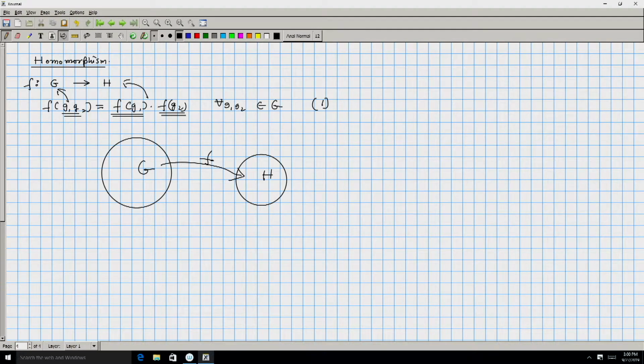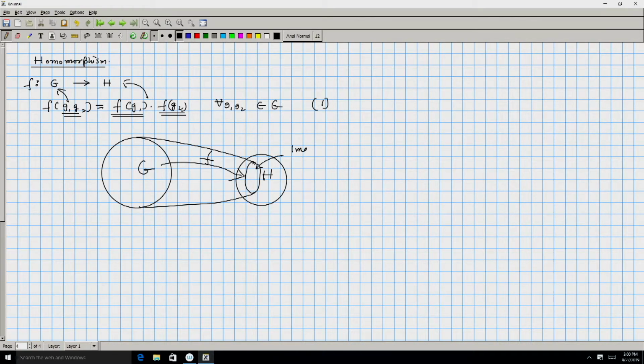Okay. Now, while we are studying homomorphism, we can restrict our attention to basically the image of f. Let us say this is a subset to which f is mapping G. We will restrict our attention to just those elements, the others do not really matter.